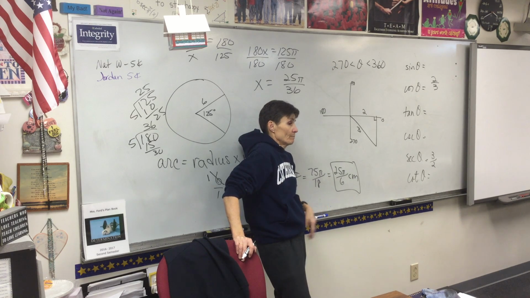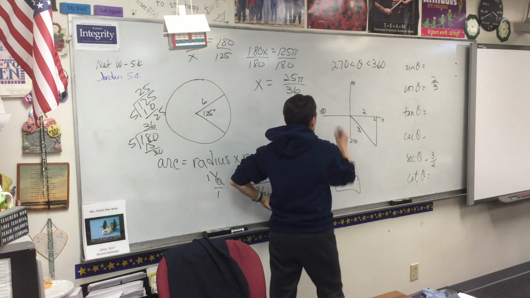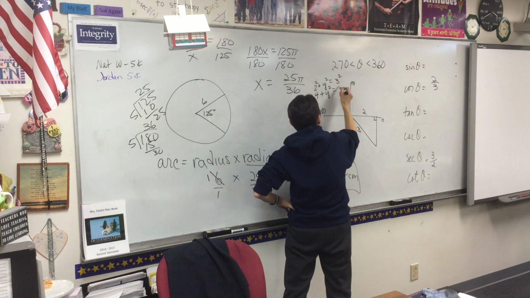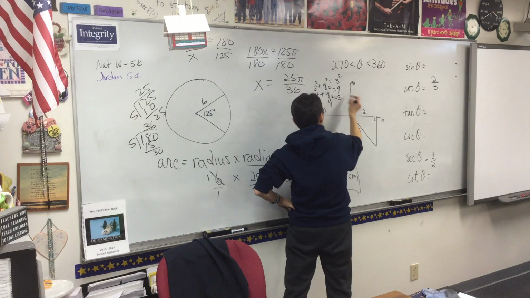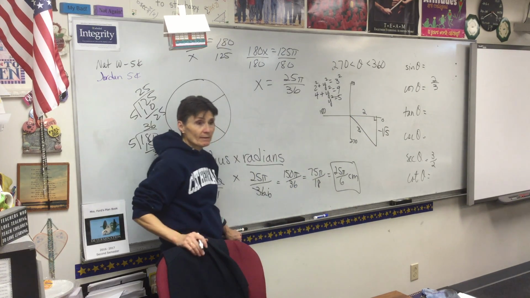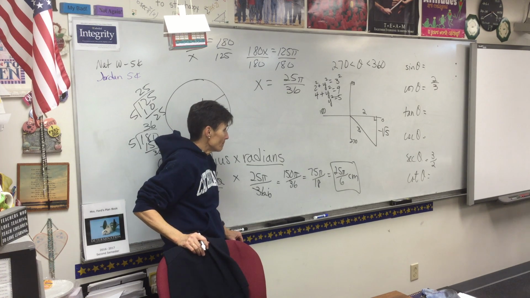Now what do I do? Pythagorean theorem, right? So 2 squared plus y squared is 3 squared. Did you get root 5? Yep. But it's actually going to be negative, because of its location.